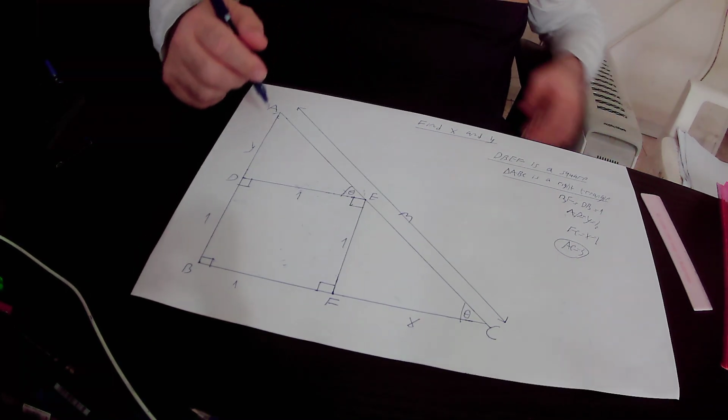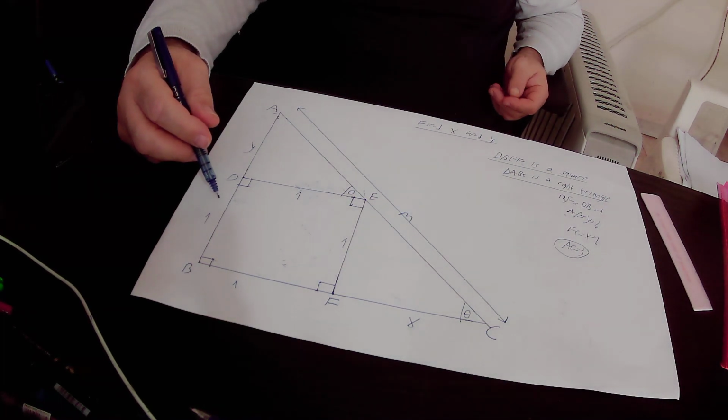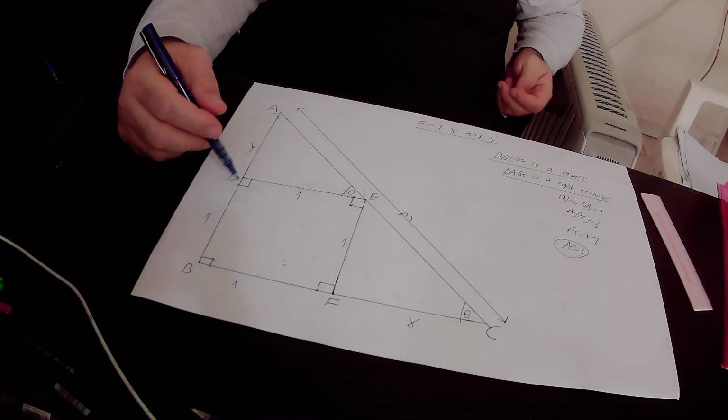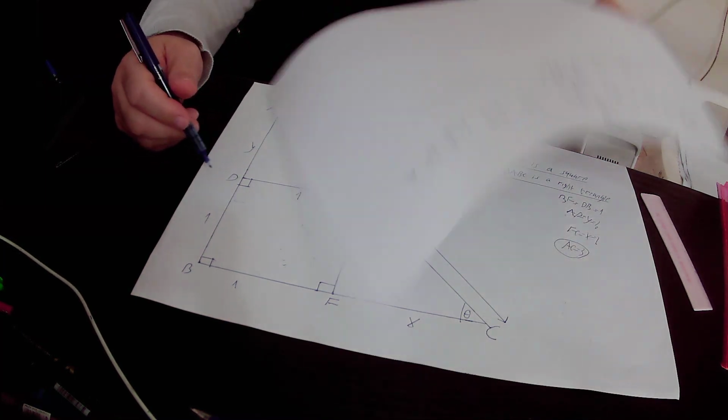We know that AB is one side of the right triangle ABC, therefore it is absolutely a straight line.